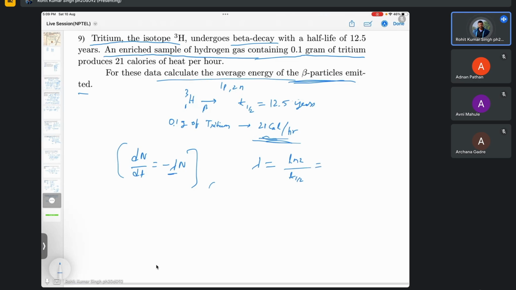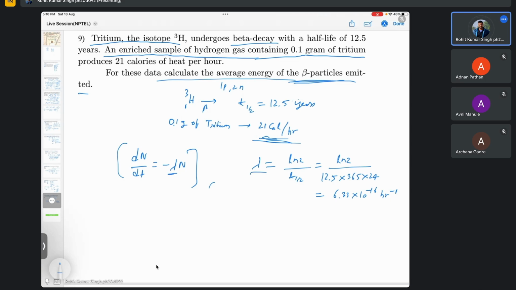T half is 12.5 years, so I'll calculate it in number of hours. So 365 into 24, let's not consider leap years for now. So you will get this number. Okay, so we have lambda.